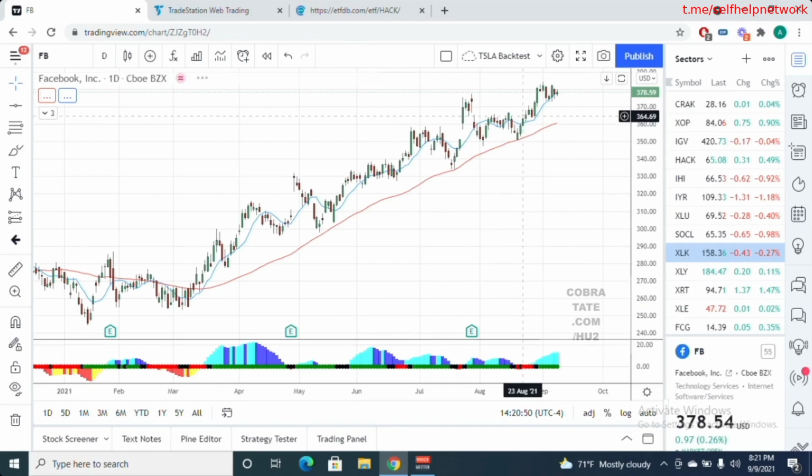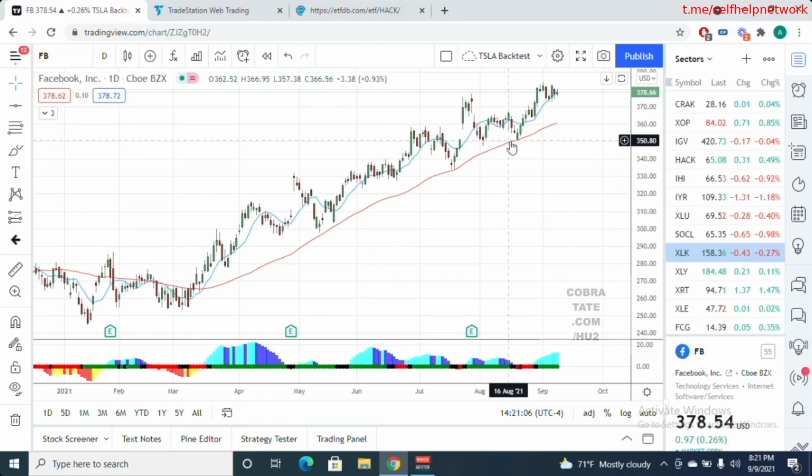August 24th, you see, this is the consolidation between 363 and 350. Once it loads, you will see a box I would have drawn there. And after 24th August, Facebook rallied along with XLK.